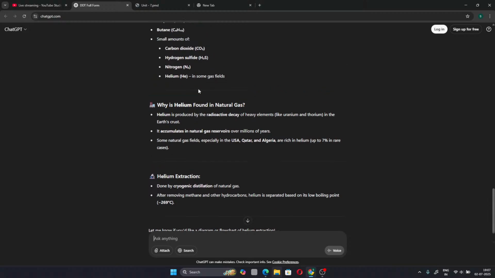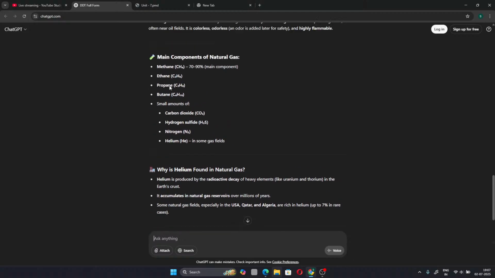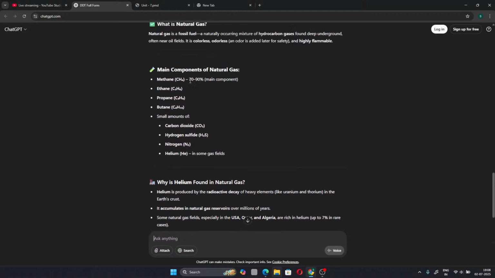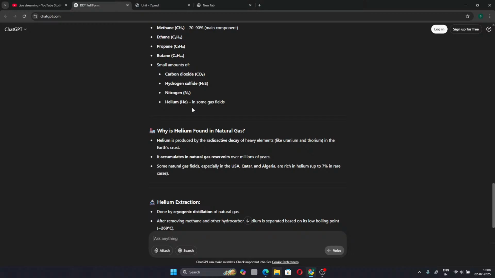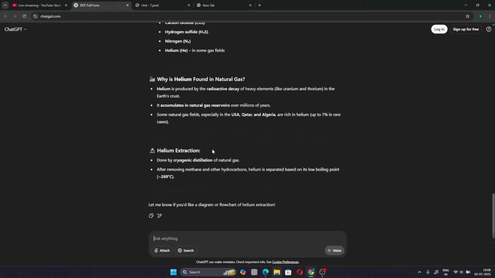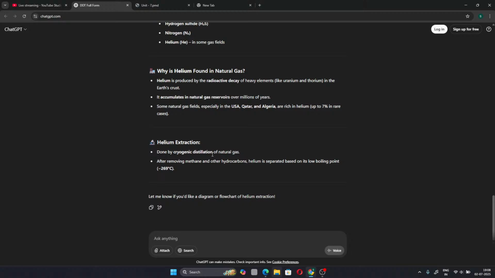Normally there is only some amount of helium, as the gas is mainly 70 to 90% methane. Helium extraction is done by cryogenic distillation of natural gas after the methane is removed.